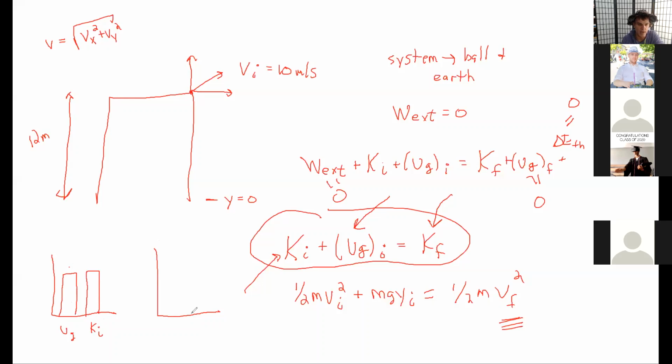But at the end, right before it hits the ground, all of the energy is now final kinetic energy. So it's basically like balancing your checkbook. However much energy I start with has to be the total amount of energy I end with, but it can be in different accounts.